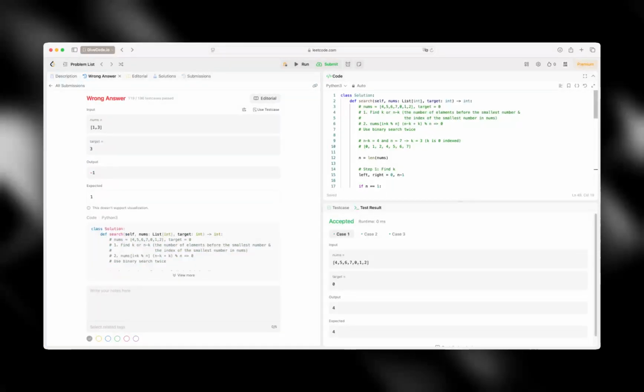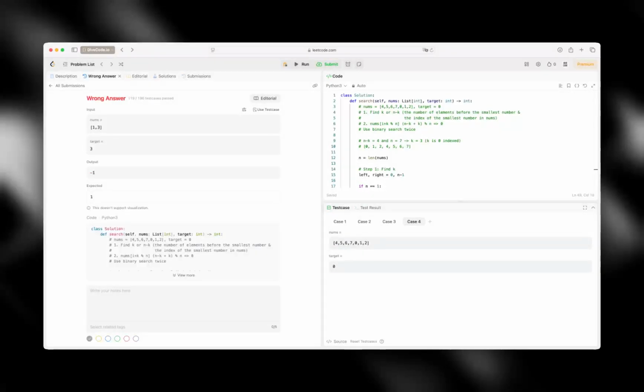So there's one problem with one, 3. Let me add this test case here. Let's try it out.